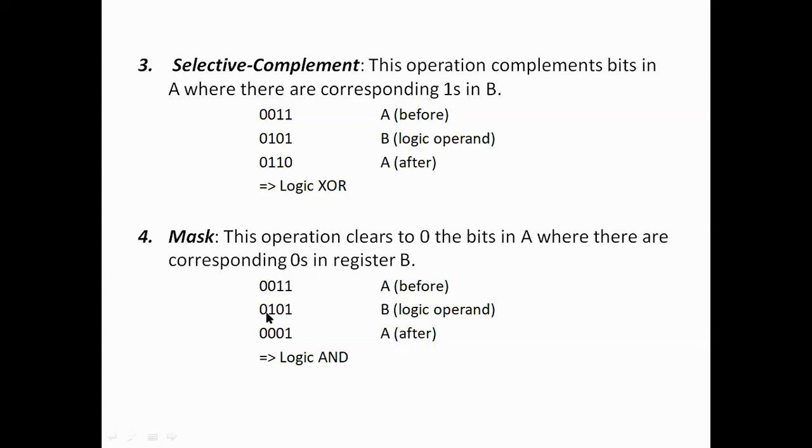So here, whenever there is 0 in B, this is to be cleared. Other things remain as such. And if we look at this, this is an AND operation.